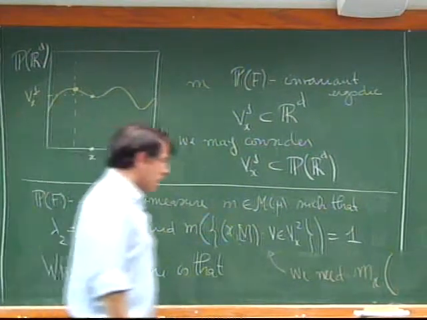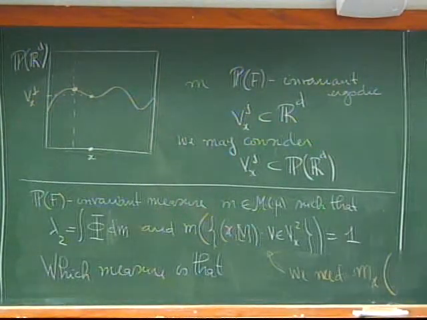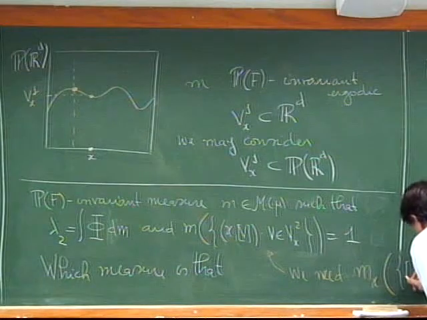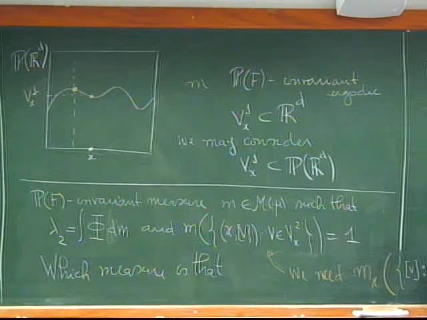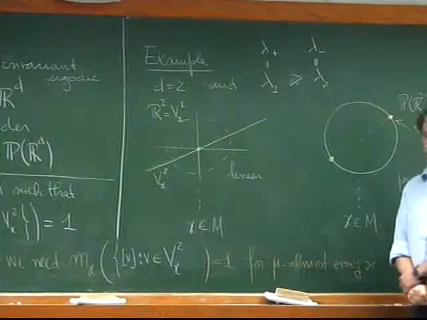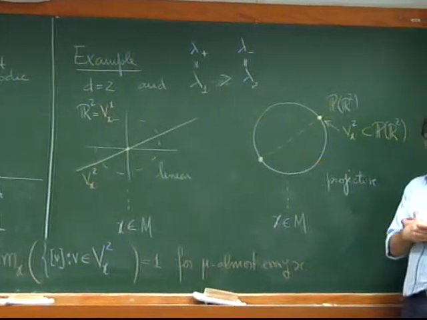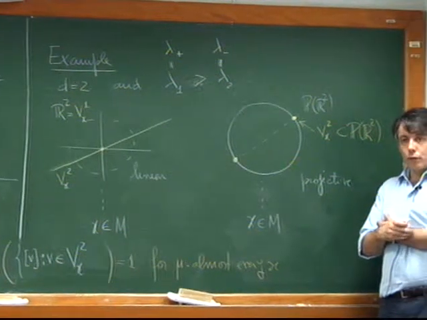So I need that the set of V's such that V belongs to V_x^2 has to be 1 for mu almost every x.